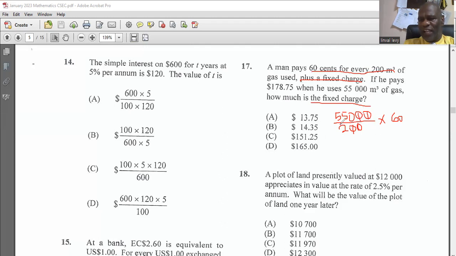We can cancel the 2 with the 60. 2 times 1, 60 is 30. Right? And then we multiply 550 by 3. Right? So 3 times 0 is 0. 3 times 5 is 15.